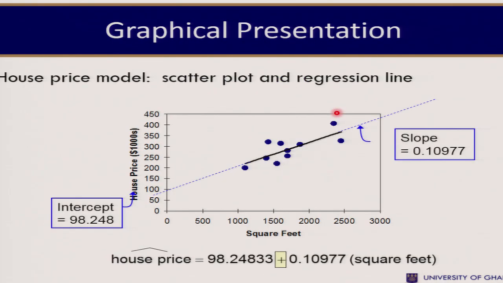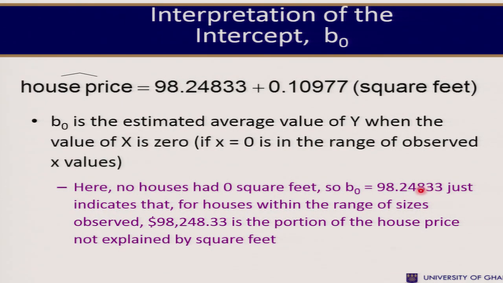In terms of graphical representation, this is how we can represent it. This is the fitted line, and these are the actual values. That is, 0.10977 becomes the slope of the line. So house price now is given as 98.24 plus 0.109 times the number of square feet.